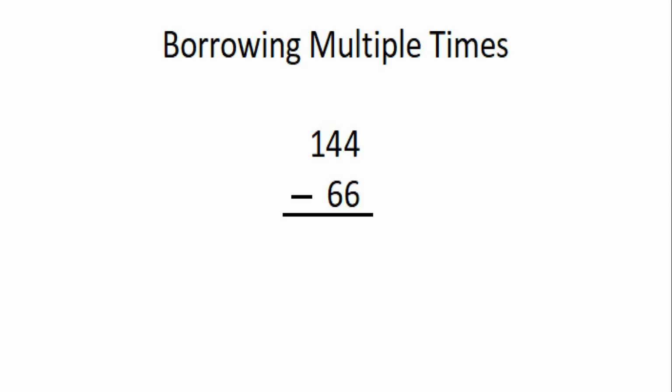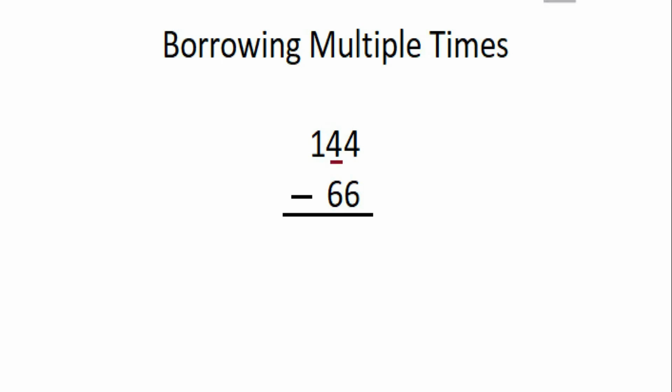The first step is to begin in the ones column, 4 minus 6. We cannot subtract 6 from 4 because 6 is actually bigger than 4. Therefore, we must first borrow from the next number in the tens column.